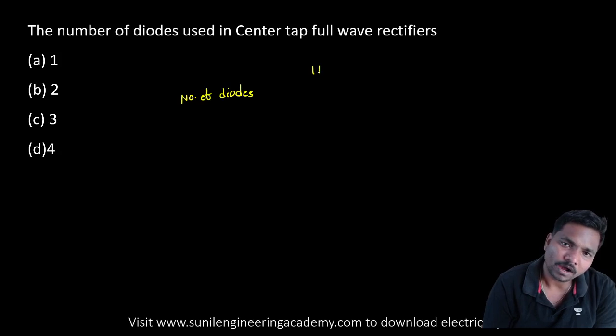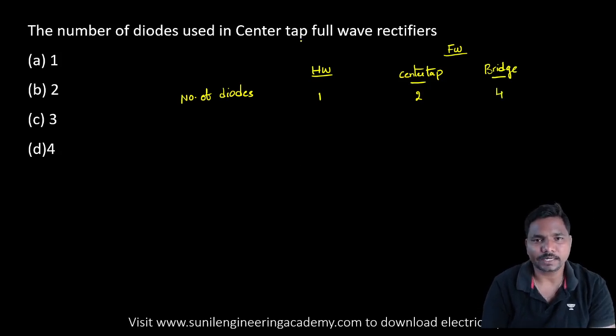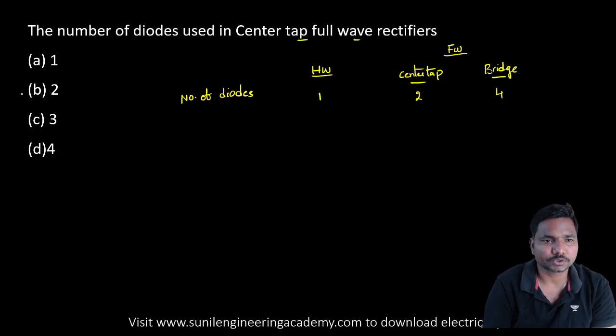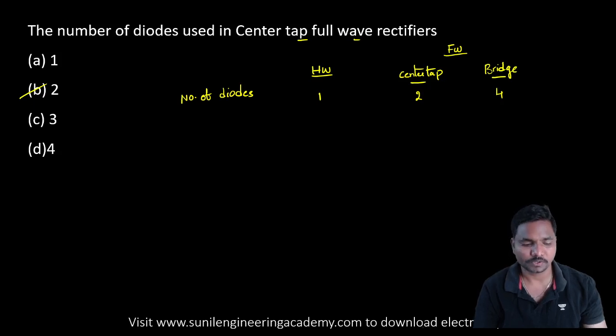In a half wave rectifier we use just 1 diode, in a center tap 2, and in a bridge rectifier 4 diodes. So for the center tap full wave rectifier, that is 2 diodes. So the answer is option B.